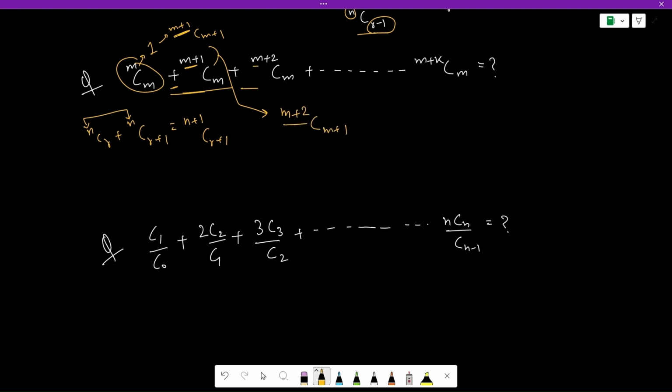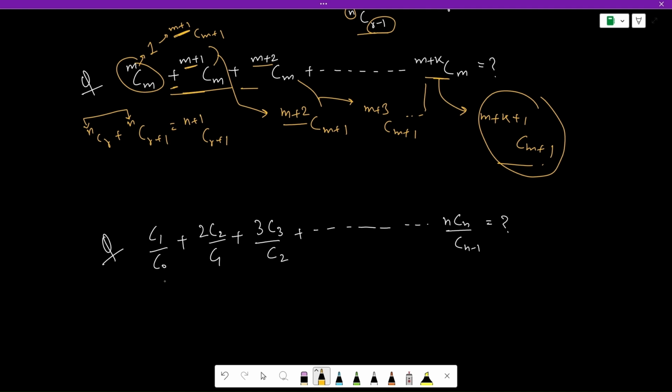Now these two are same, so we can write it as (m plus 3)C(m plus 1), and so on till we reach the last term, and after adding this it will become (m plus k plus 1)C(m plus 1). So this is the answer.